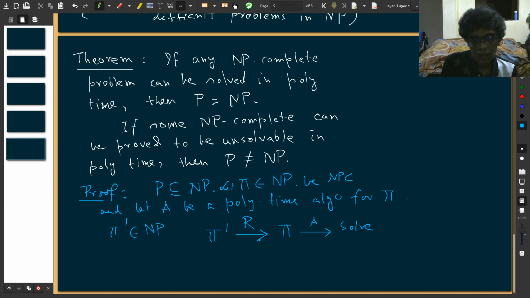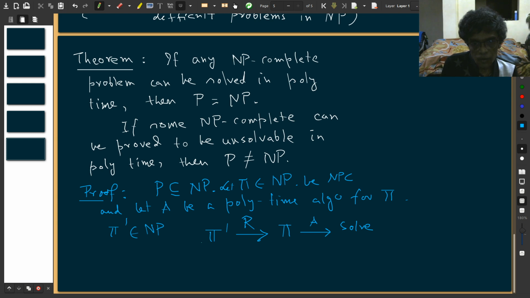Why? Because R runs in polynomial time, it cannot produce an output instance which is super polynomial in size of its input. It has to be polynomial, and that polynomial-sized input is handled by A, which runs in polynomial time.